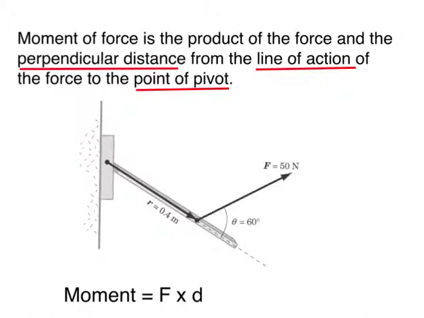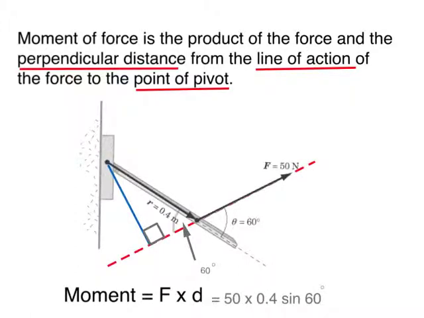For this case of a platform being attached to a hinge as shown, what is the moment given by the force of 50 Newton? To compute the moment, we must know where the point of pivot is, which is this point here, the perpendicular distance, which is this distance, and the line of action, which is this line here.